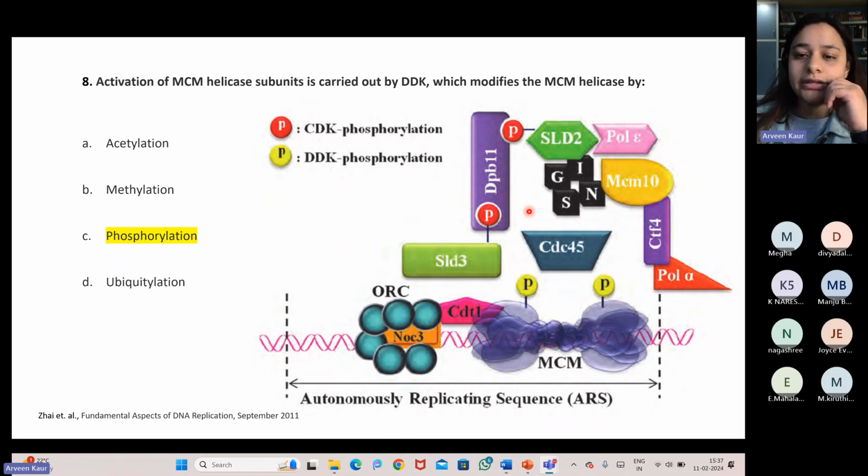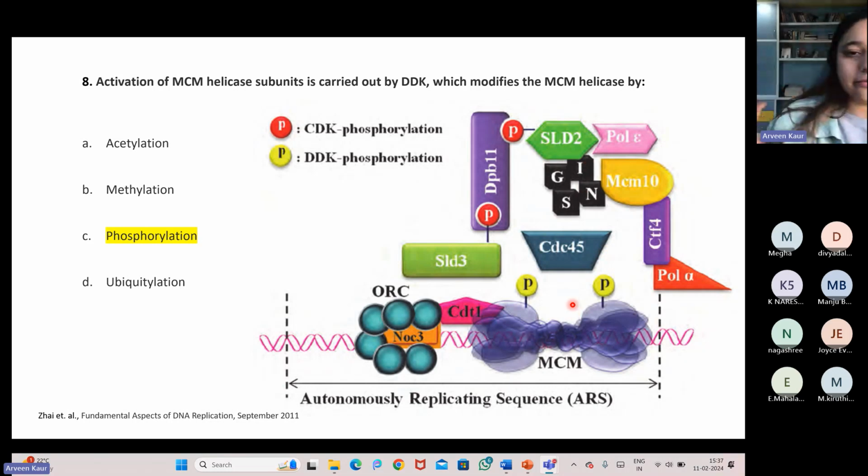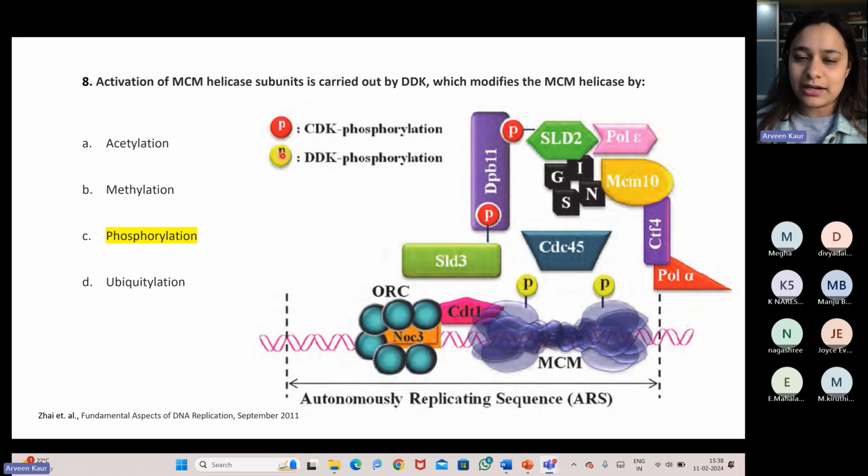And there is another complex that contains polymerase epsilon, which is basically the polymerase complex that will come and sit over here and start polymerization, adding dNTPs to the extended chain. And over here you can see that DDK is phosphorylating the MCM. How is it modifying MCM? It is basically adding phosphate tags over here.